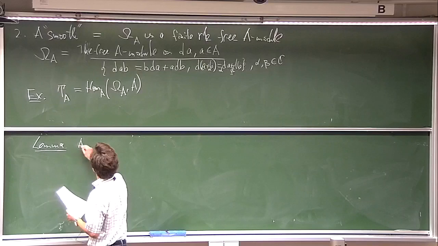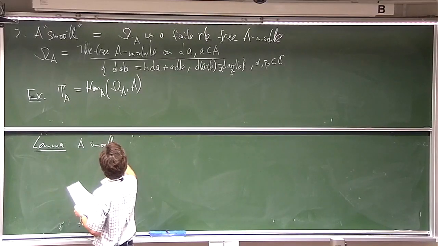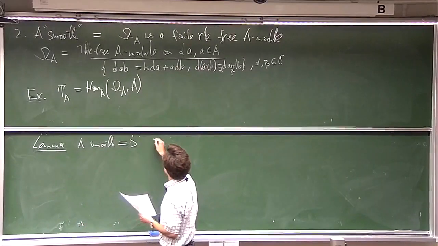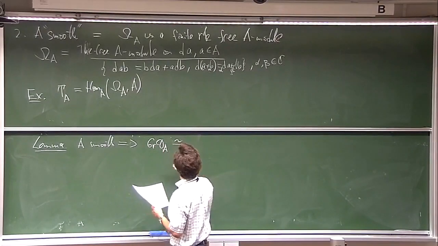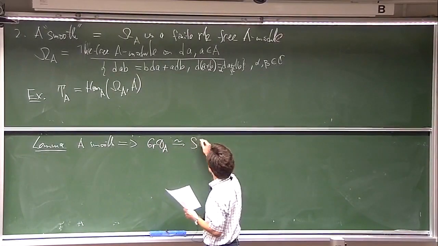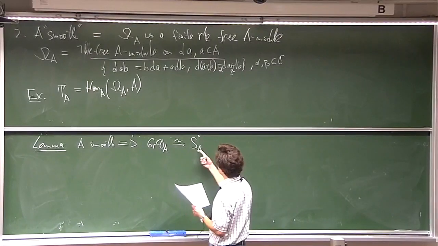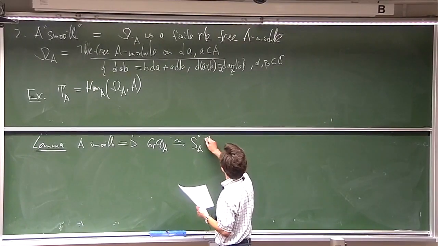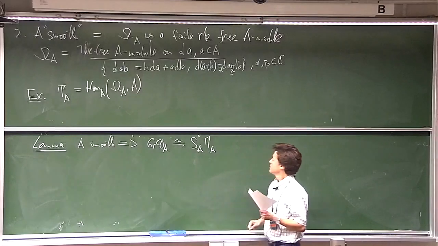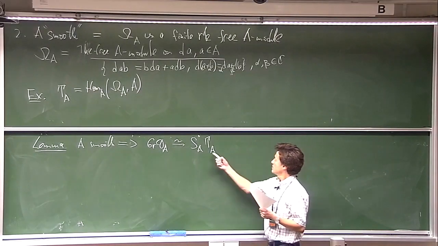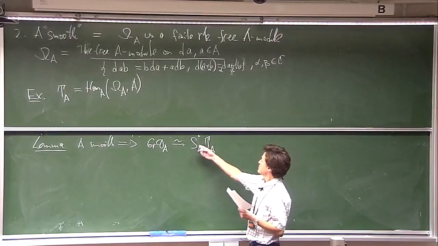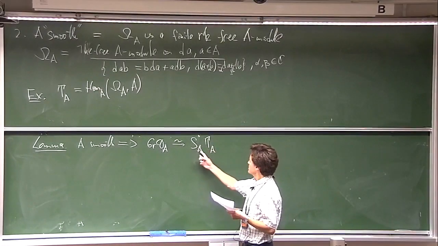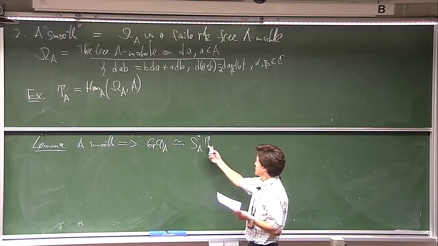So if A is smooth, as I said, then the graded object is canonically isomorphic to the symmetric algebra over A of the module of derivations. This is a general symmetric algebra over A defined for any A module.